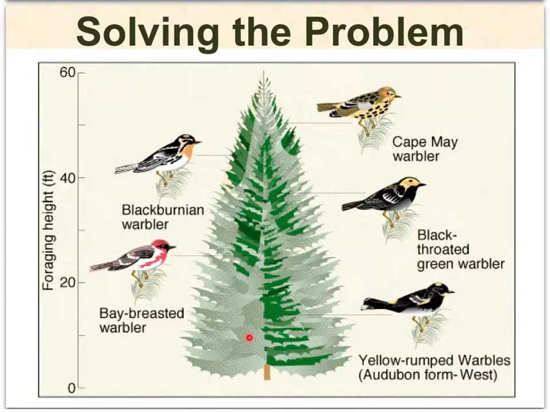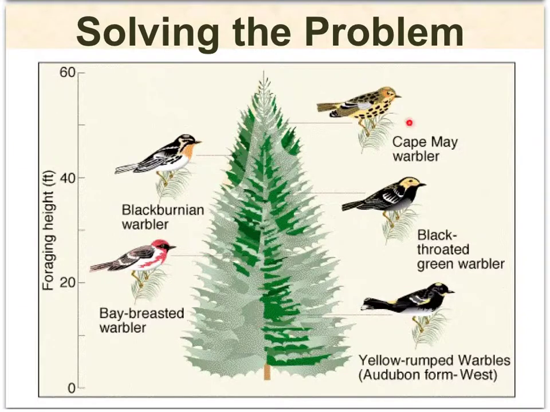And over time, the different species of warbler that survived were those that, like this Blackburnian warbler, survived and reproduced, and its offspring survived as well if they were foraging a little higher up on the tree than, say, this bay-breasted warbler.